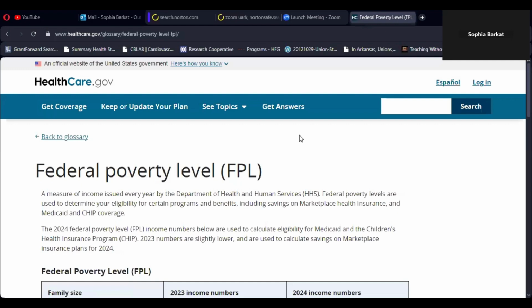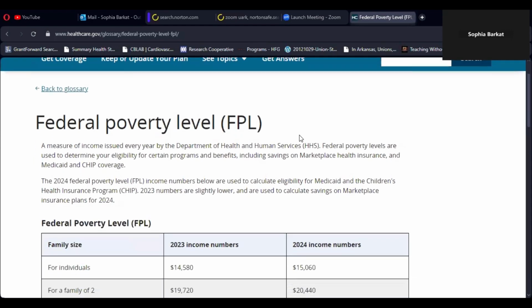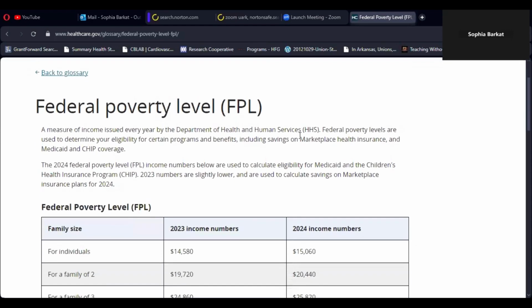Let's take a look. So the federal poverty level, or FPL, a measure of income issued every year by the Department of Health and Human Services. Federal poverty levels are used to determine your eligibility for certain programs and benefits, including savings on marketplace health insurance and Medicaid and CHIP coverage. CHIP is the Children's Health Insurance Program.